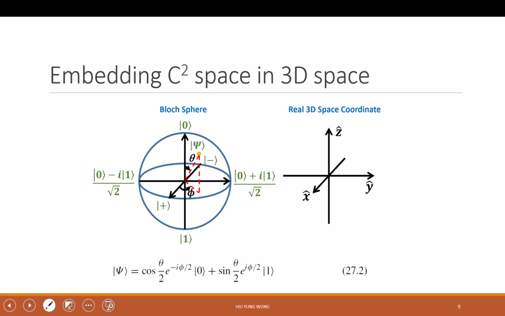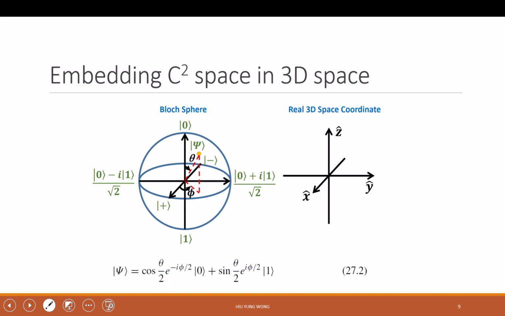So what we are trying to do is not really to say that the qubit lives in our 3D space. This is very important. The qubit does not live in our 3D space, but we embed this C2 space in our 3D space. So we make it so that we have a unit sphere in this 3D space.